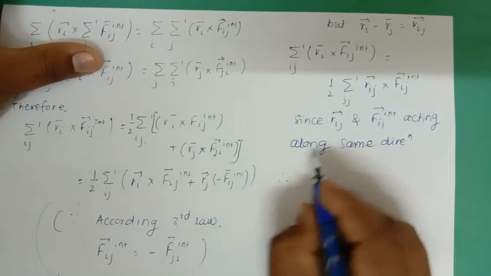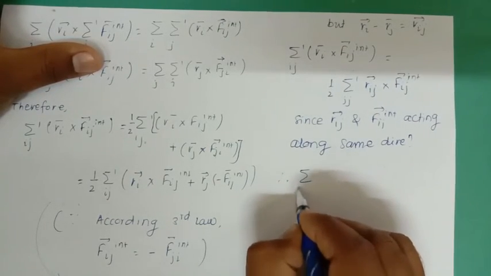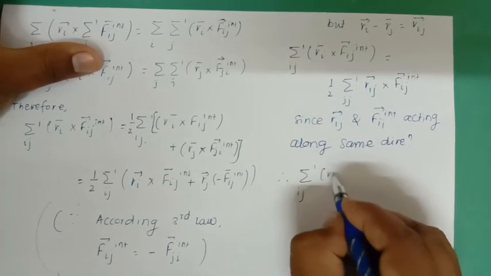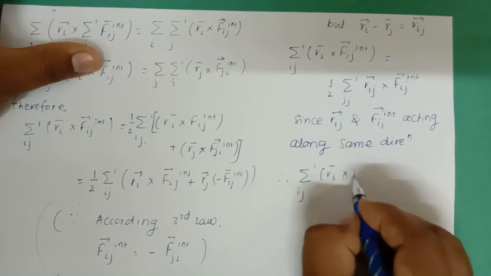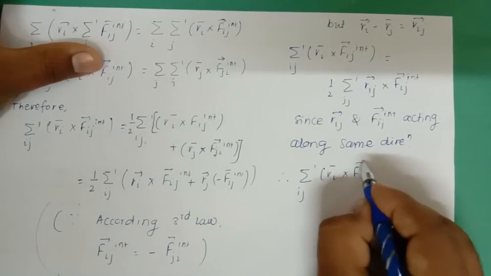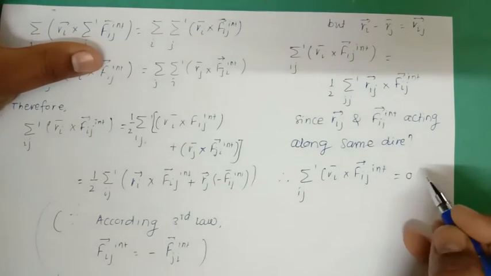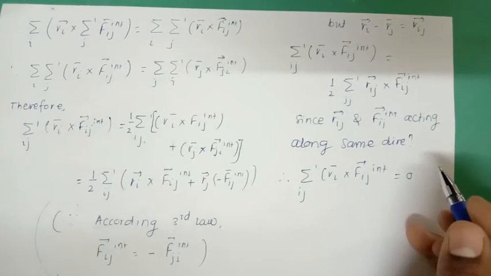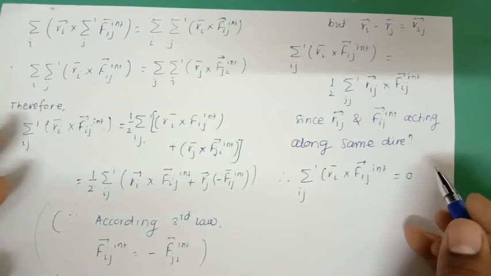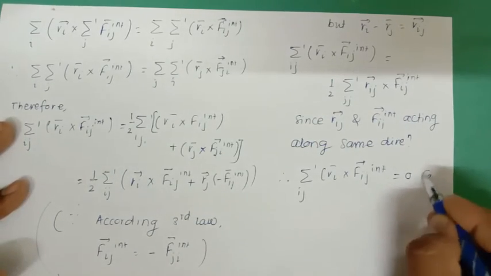Therefore I can write Ri bar cross Fij bar internal comes out to be 0. So this is equation number 9.